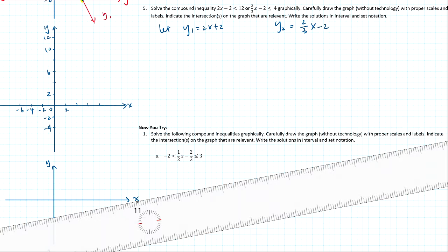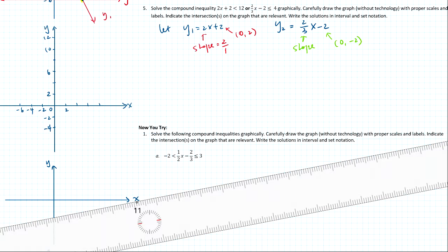And we can again go over the slope is 2 over 1 for the first line, and the y-intercept is (0, 2) for the first line. And then for the second line, we have the slope being 2 over 3 exactly. And the y-intercept is (0, -2) in this case.